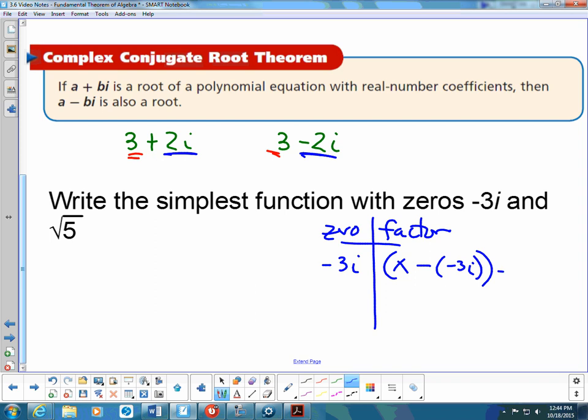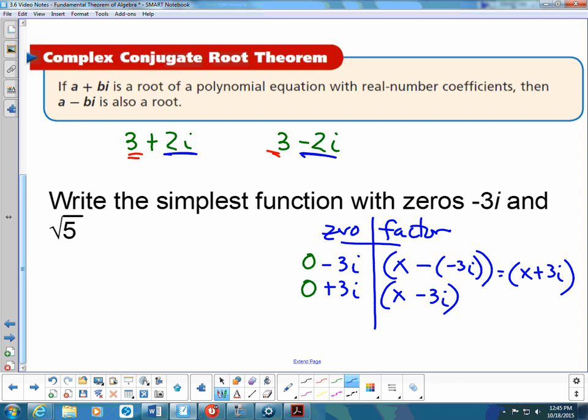That's the same as x plus 3i. And if negative 3i is a zero, think of that as 0 minus 3i, then the complex conjugate of that would be 0 plus 3i. So if positive 3i is a zero, that means that x minus 3i is going to be a factor.